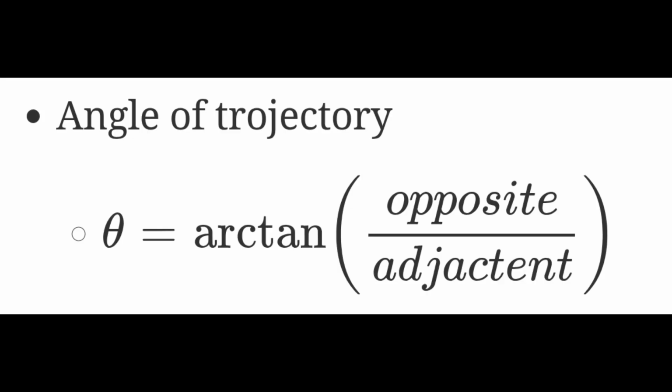We have to think back to trigonometry. Remember SOHCAHTOA? Well, we're going to need opposite divided by adjacent, which was what? TOA? T-O-A. But the problem is, if we do that, we're not going to get the angle. So we need not tan, but the inverse of tan to get the angle, which is arctan.